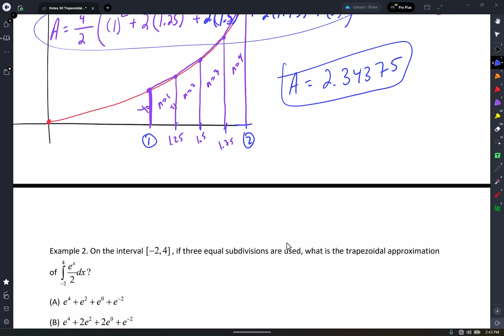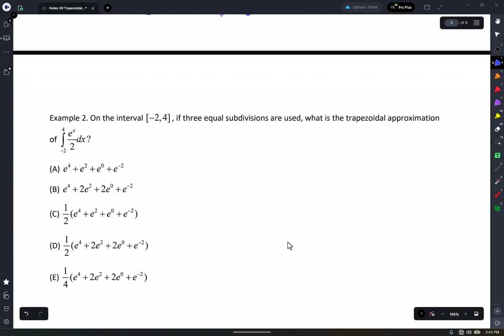All right, here we go, guys. Before we begin, do you guys know what y equals 1/2 e to the x looks like? It looks the same as y equals e to the x.